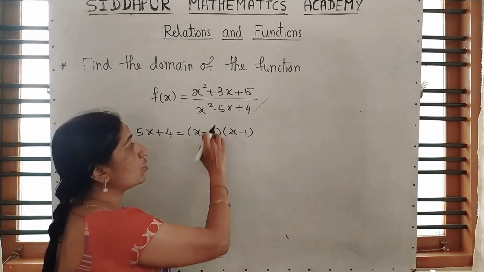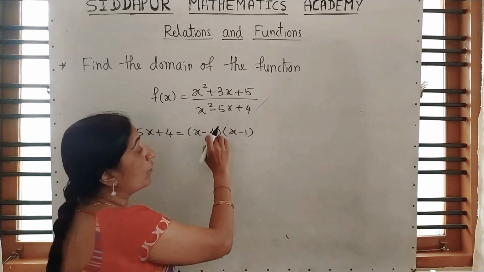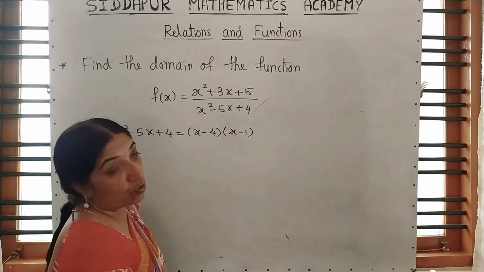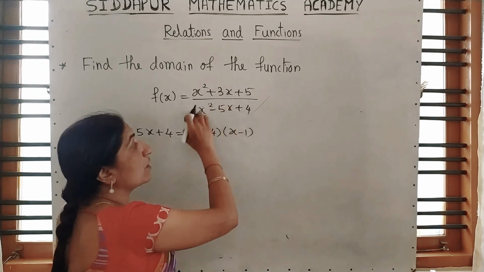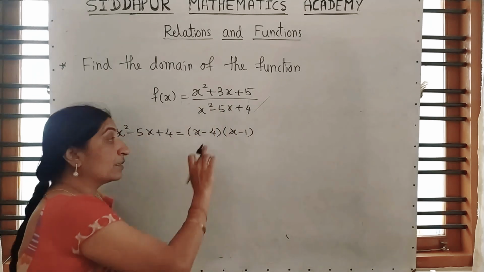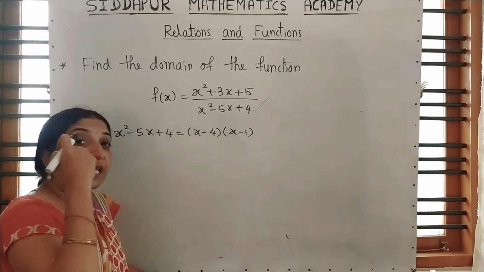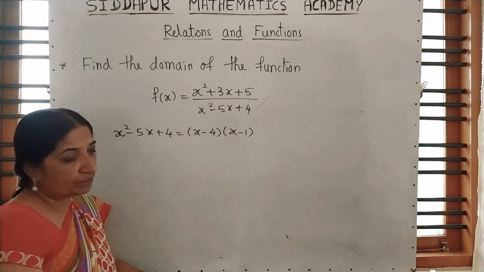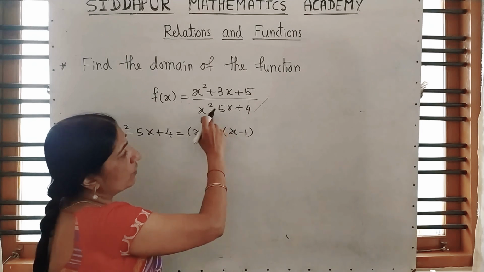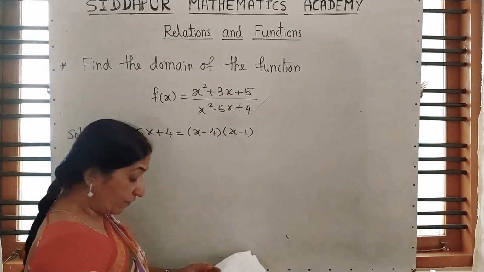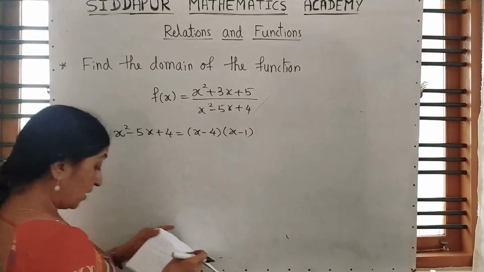Only for x equal to 4 and x equal to 1 do you get 0 in the denominator. Other than these values, you can write any number. Any number upon 0 is infinity, so at that time it is not defined.